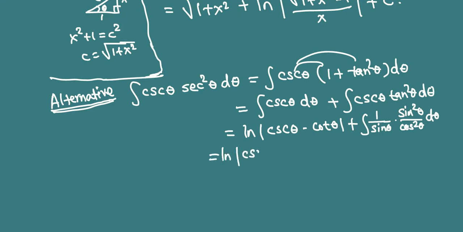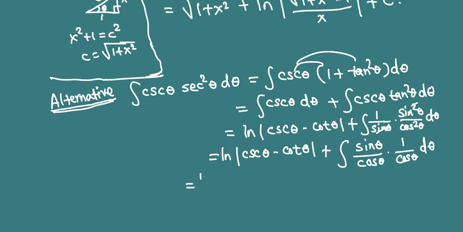So cosecant theta minus cotangent theta plus, one sine cancels, so we have sine over cosine squared. And by the way, sine over cosine squared can be written as sine over cosine times 1 over cosine.